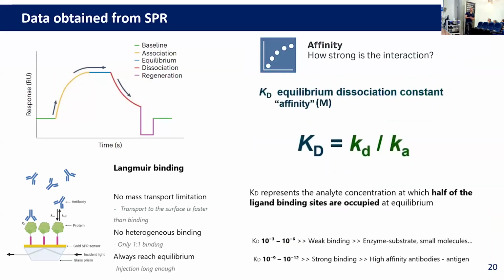If we know the kinetics, we can calculate the affinity, or how strong, as with ITC, both molecules bind. KD represents the analyte concentration at which half of the ligand binding sites are occupied at equilibrium, and it's pretty straightforward to calculate because it's the Kd over the Ka. So if we know the kinetic constants, we can know the affinity.